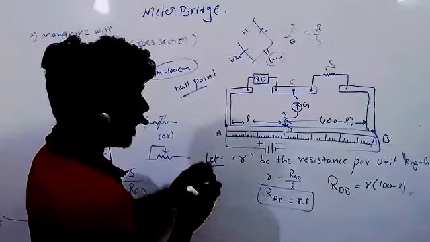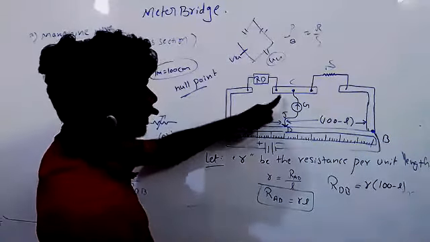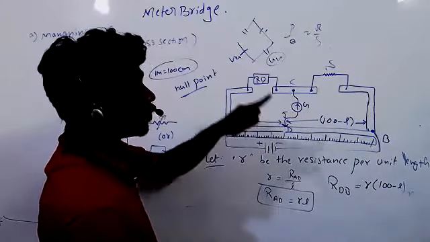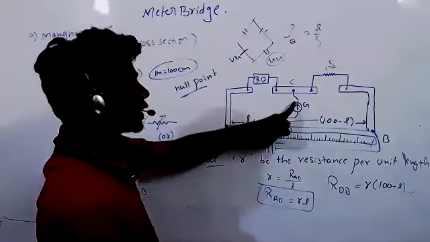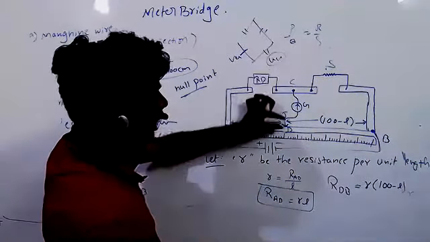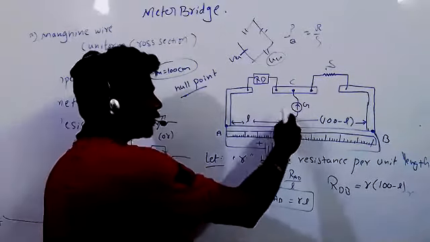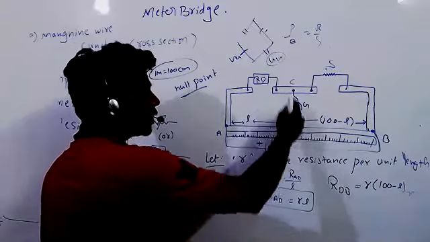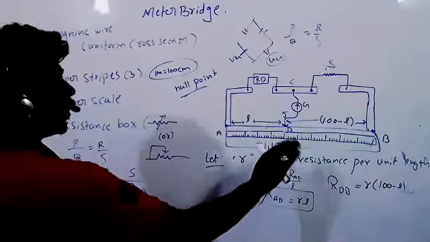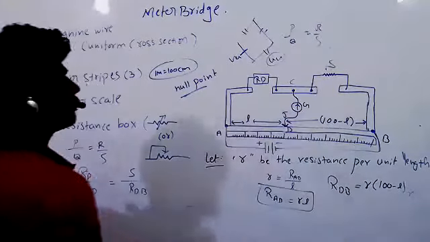We vary the box so that the current passing through the galvanometer is 0. If the current is 0, what is the potential difference between C and D? 0. If you make it like that, it becomes a balanced Wheatstone bridge.